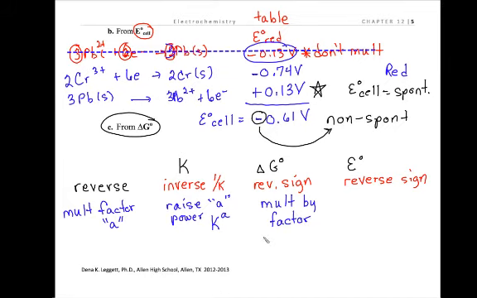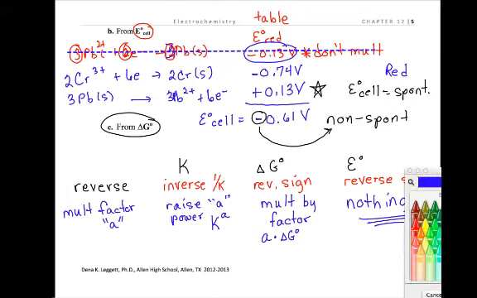So our new delta G would be A times our old delta G naught. If it's E naught, we do nothing. We don't multiply, we don't divide, we don't raise to powers, we do nothing.